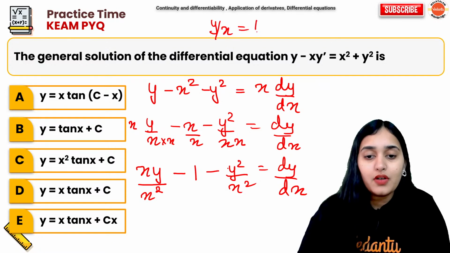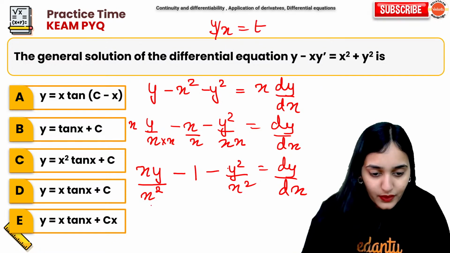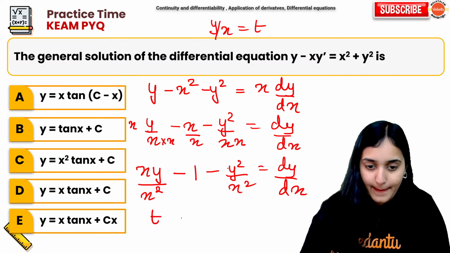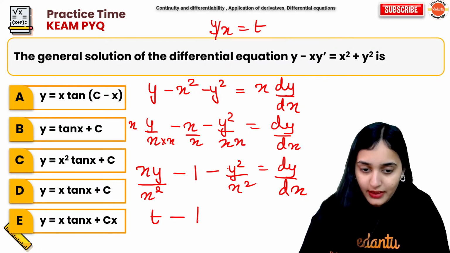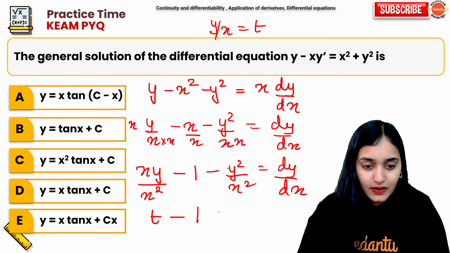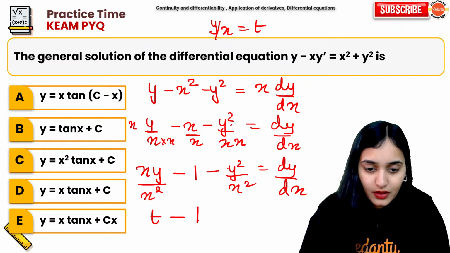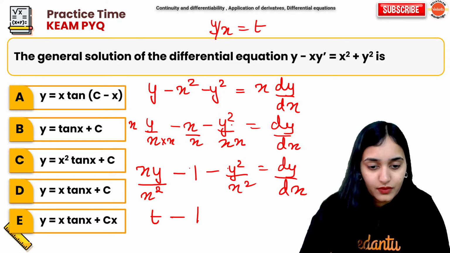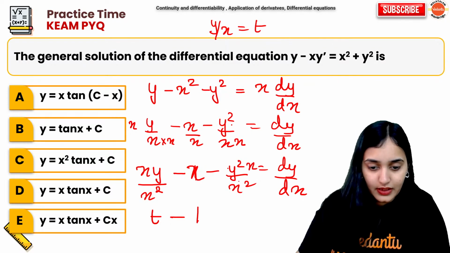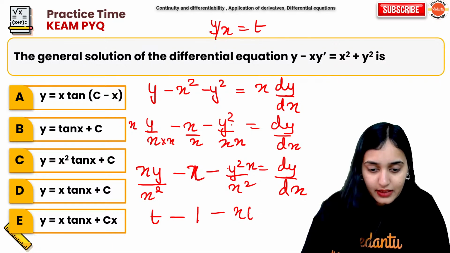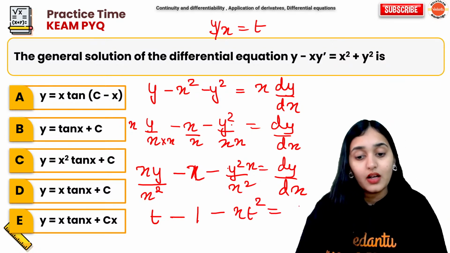So now if we put y by x as t, we get x cancelled, t minus 1 minus, here we will divide it by x, we will get x, here also we will get x. So we have minus x t square is equal to dy by dx.